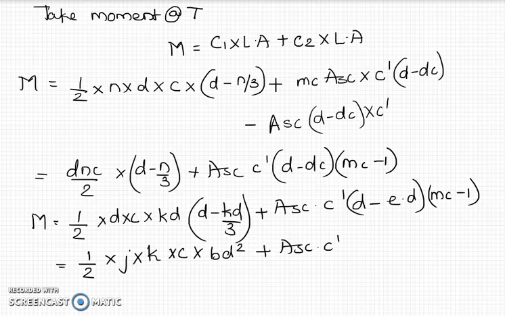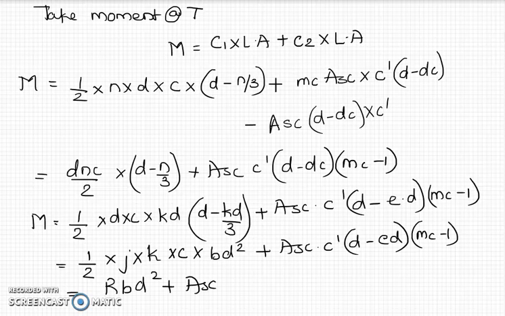This remains the same. We cannot simplify this any further. MC minus 1. So this can again be written as RBD square plus ASC into C dash. I can take this D common. It will be 1 minus M into MC minus 1.